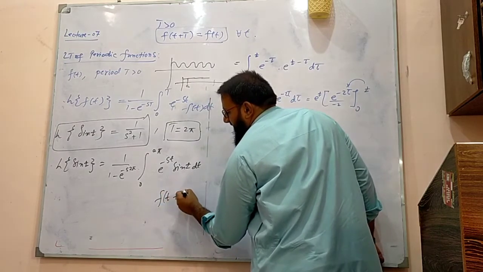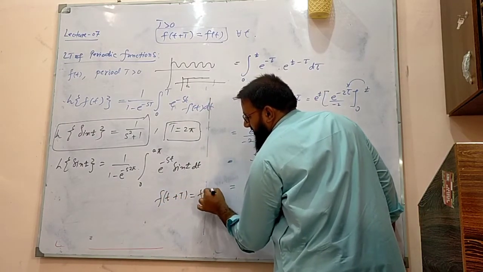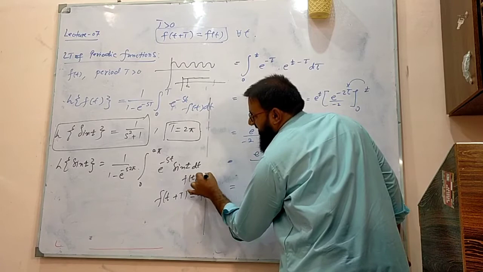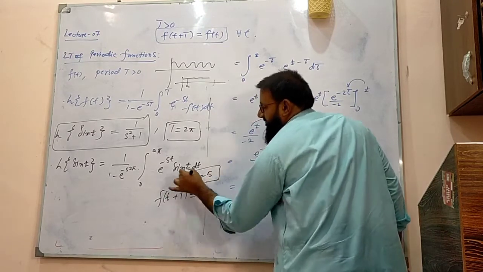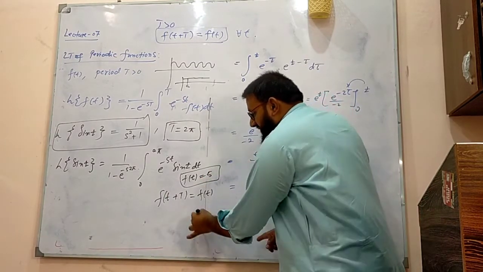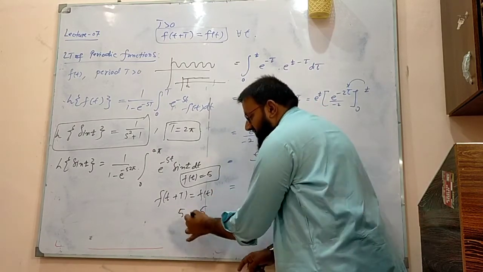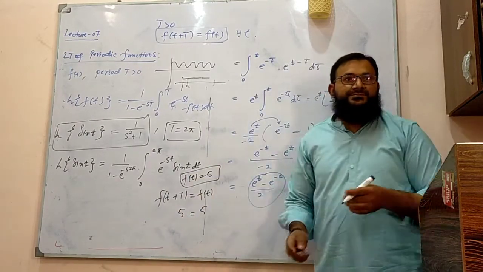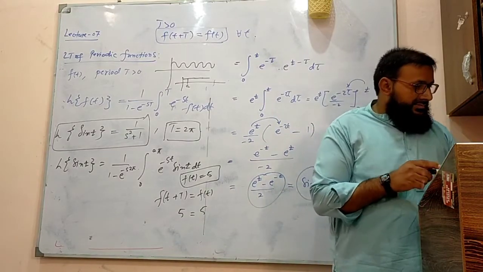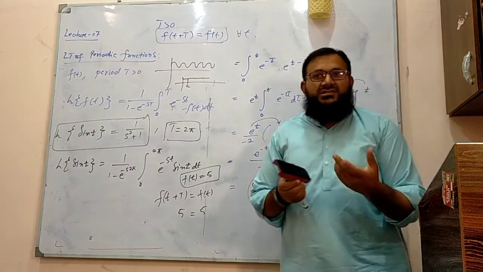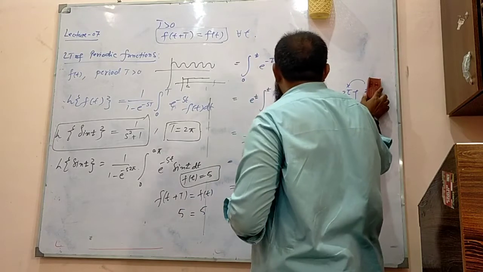This is the property of a periodic function. Let's say your function is a constant function, phi. Then what is f of t? Phi. What is f of t plus T? Phi, so it is periodic. In this way, every constant function is periodic.